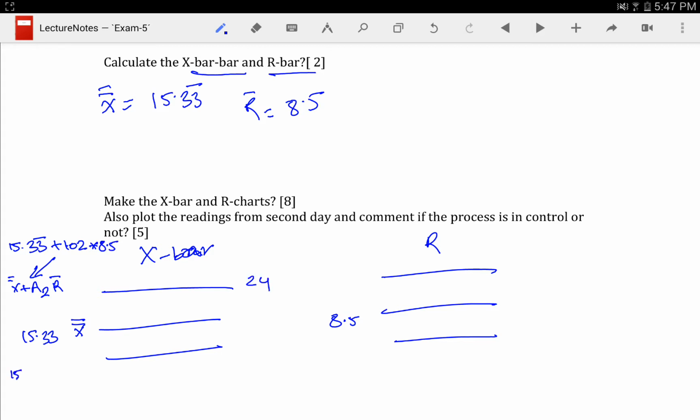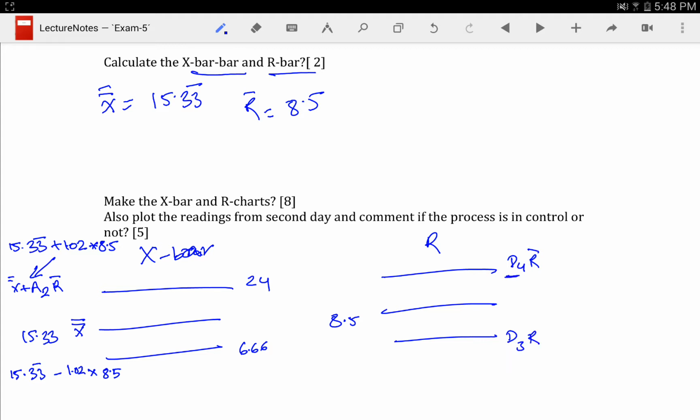The lower line is x bar bar minus 1.02 times 8.5, which comes out to be about 6.66.